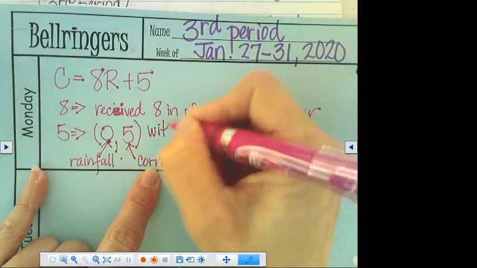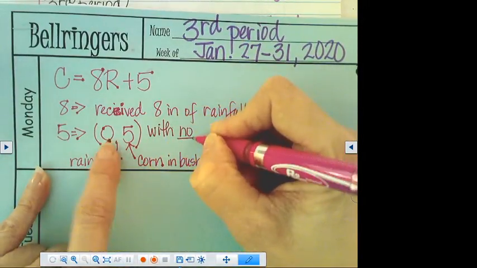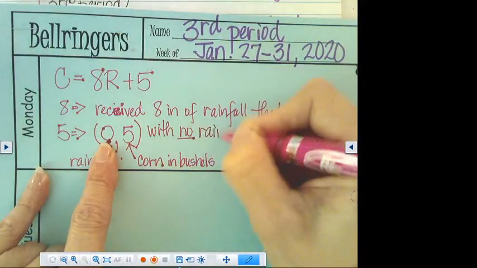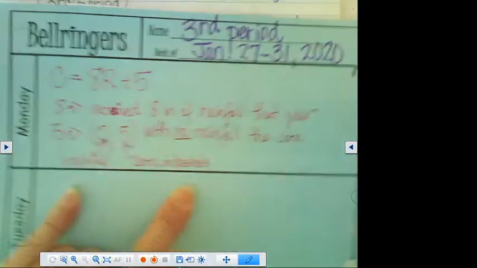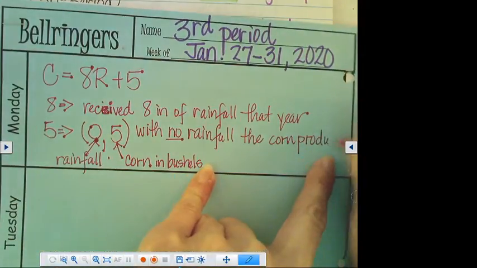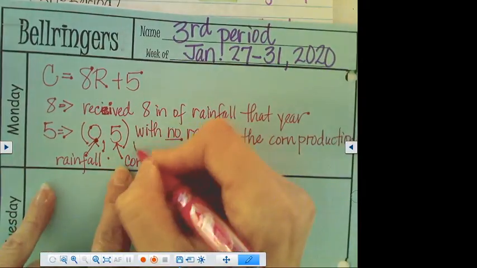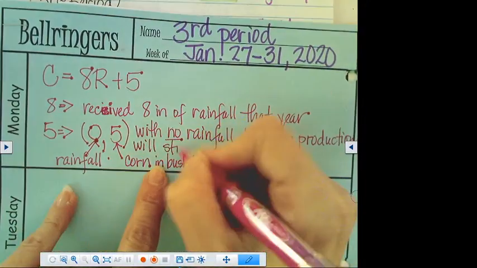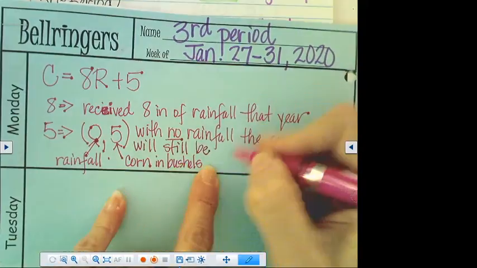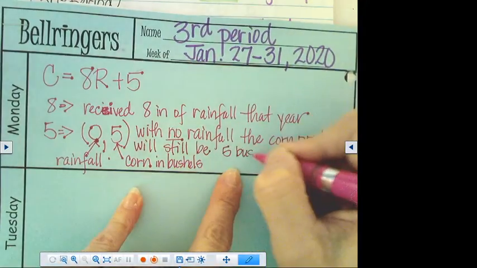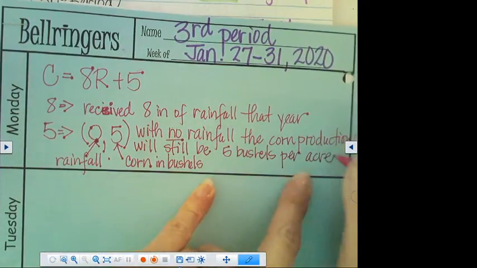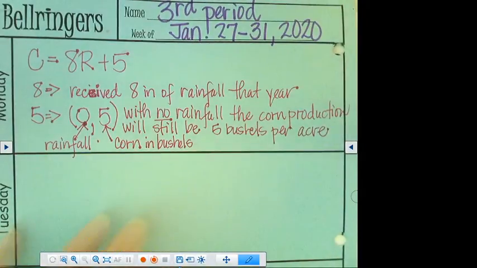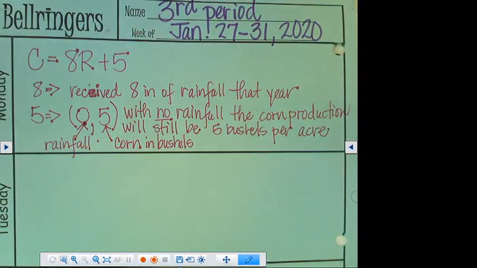With no rainfall, that's represented by the 0, with no rainfall, the corn production will still be 5 bushels per acre. You're going to get no rainfall at all, but yet you will still have a yield of 5 bushels per acre. And that's what the 5 is.